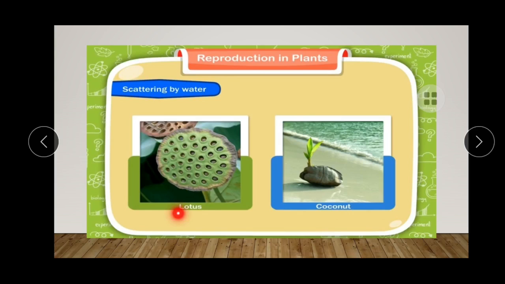Whereas the lotus has a very spongy, light fruit that helps it to float away from the mother plant. As a result, they both are carried away by water.